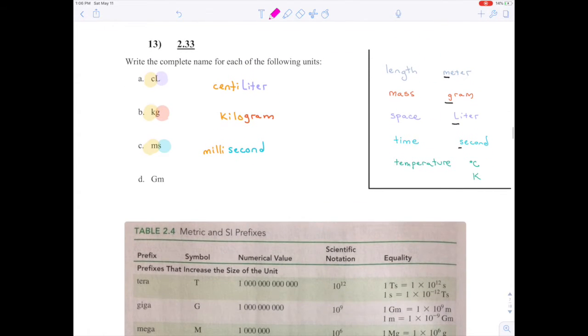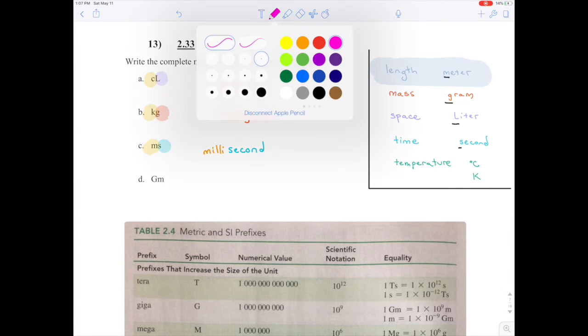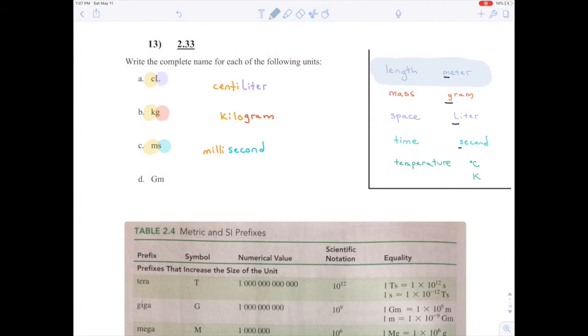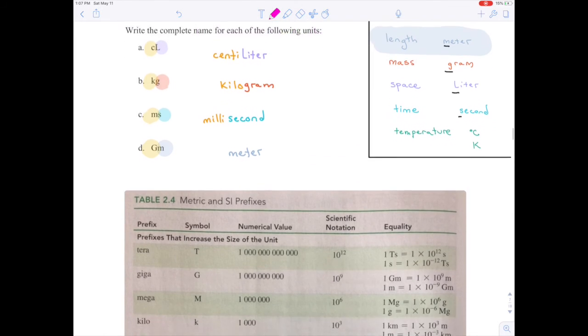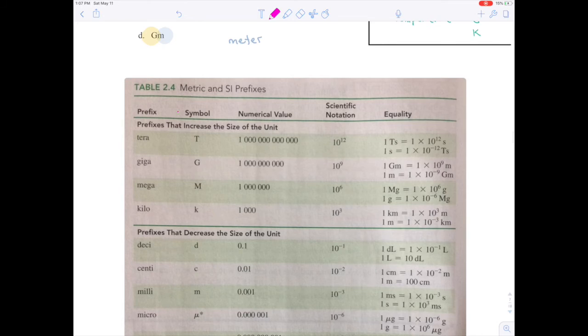Okay, last but not least, D. Again, looking at the second letter first, we see a lowercase m. The lowercase m is one of those fundamental units that represent reality. We have the meter. So this lowercase m right here is going to be meter. The prefix, the uppercase letter, is a capital G. So let's go to table 2.4 and look for a capital G starting at the top.